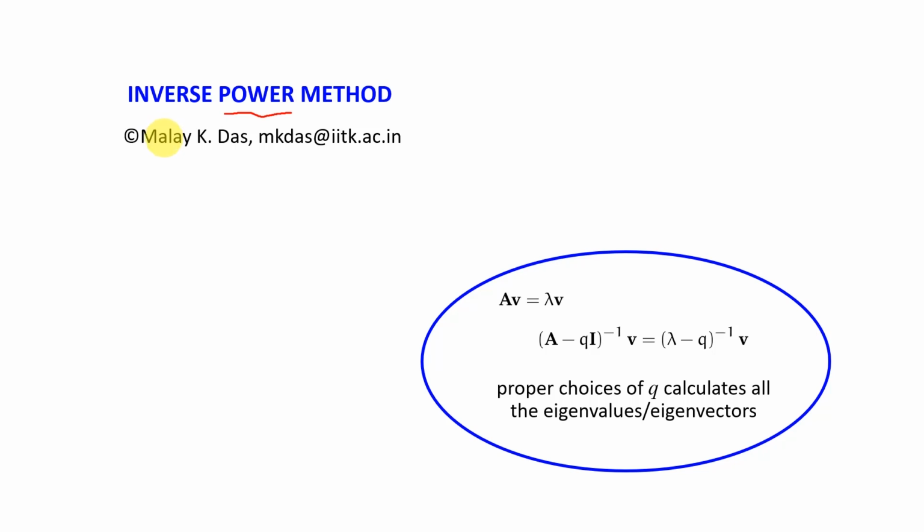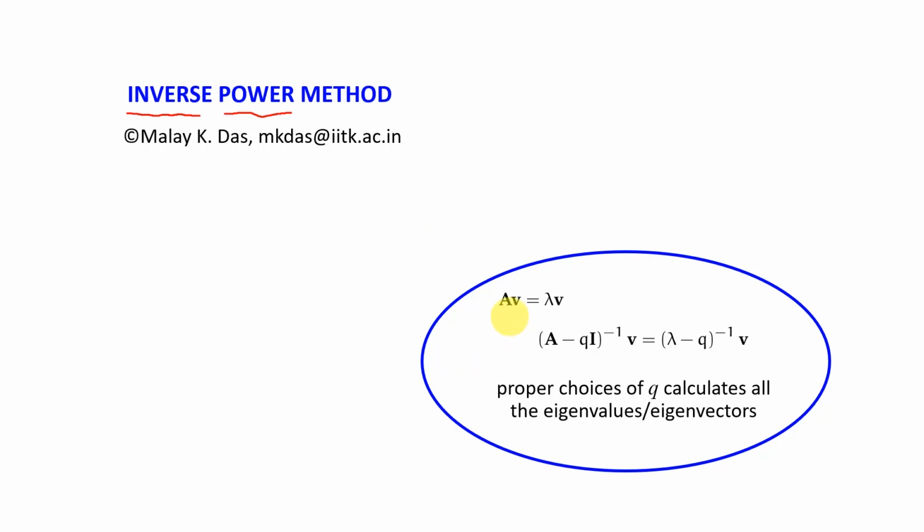However, in some cases, we also want to know the other eigenvalues and their corresponding eigenvectors. In those cases, we may use what we will see now, the inverse power method.